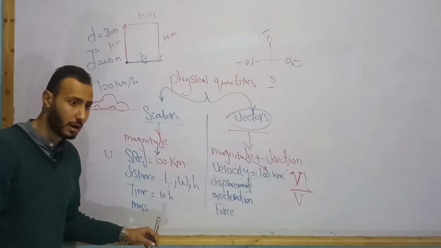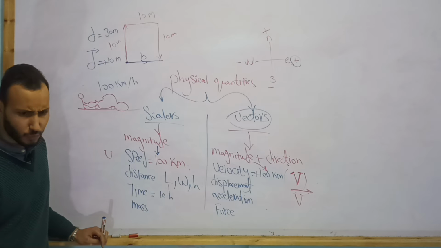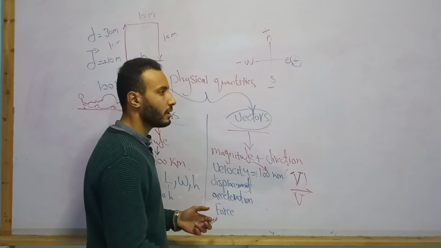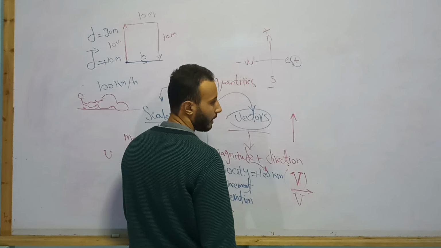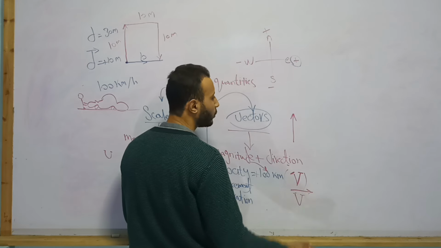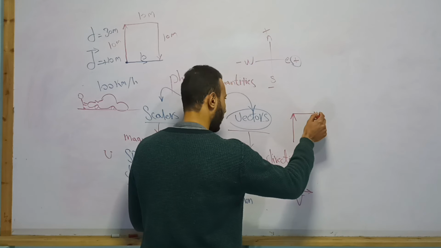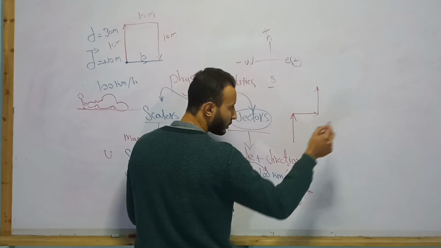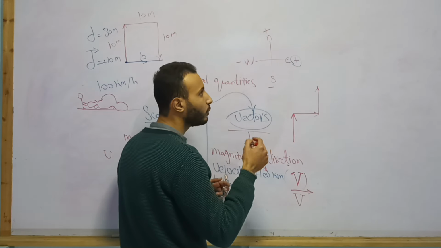Also you can differentiate by representing the vector graphically. What I mean? For example, you are saying that this object moves upward like this, and then moves downward, or moves to the right, and moves upward again. Okay, so this representation of these three vectors is only for the vectors.